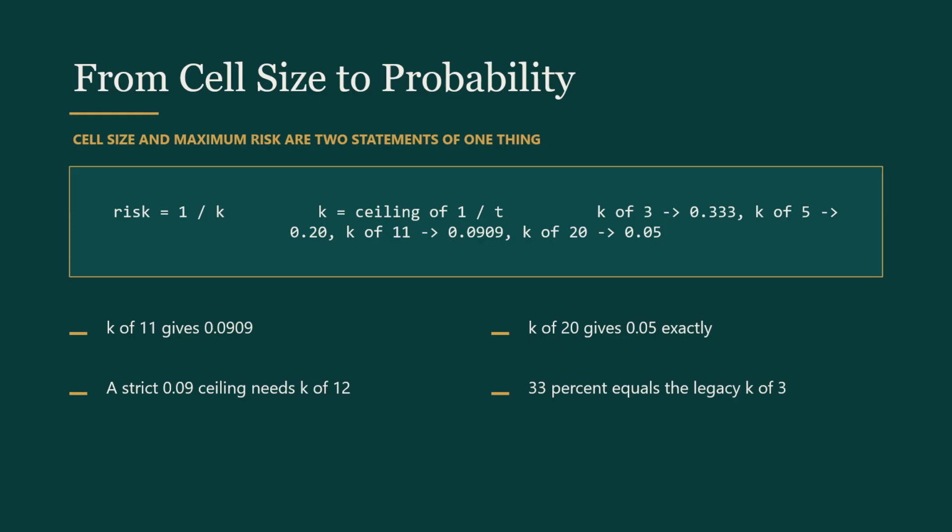Now the trap. A threshold of 0.09 gives 1 divided by 0.09, which is 11.11, and the ceiling of 11.11 is 12.